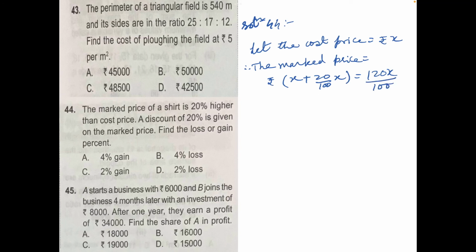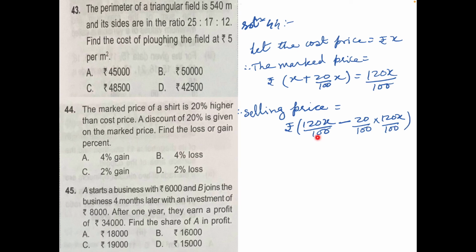Now while selling it, it is 20% discount, that means 20% less than this price. So the selling price is equals to rupees, now 120x by 100 minus, because we are giving discount, so we will subtract here. How much? 20%. So 20 by 100 on what? 120x by 100.